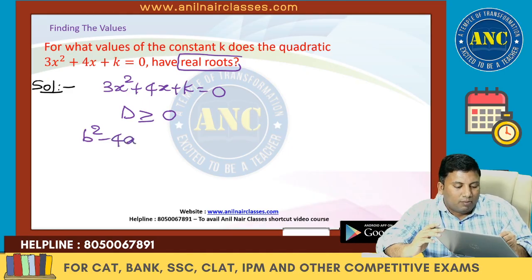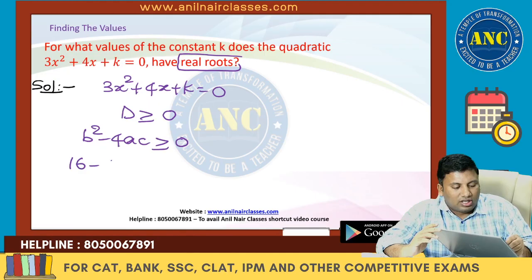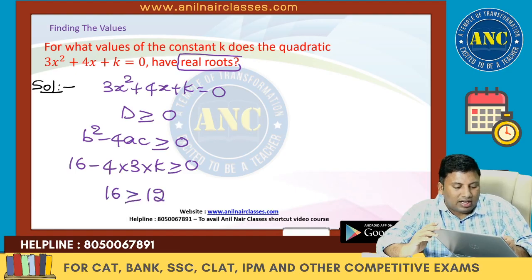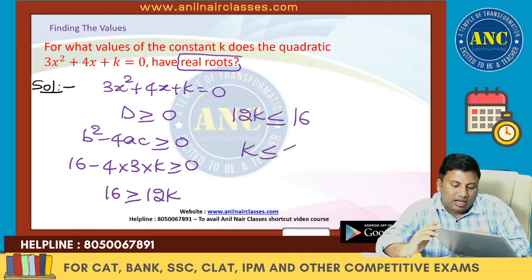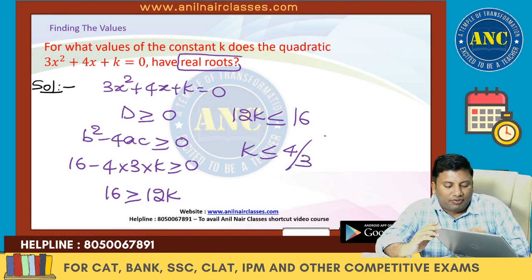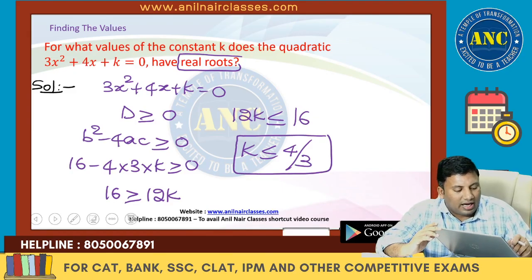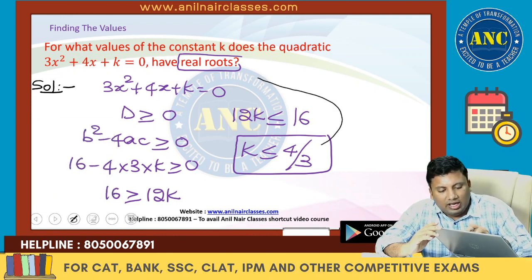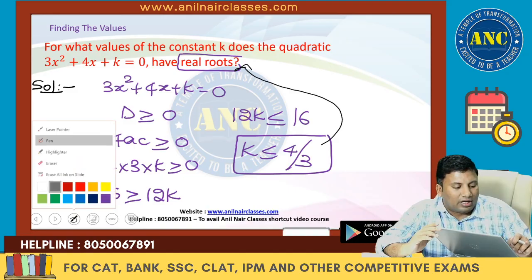That means b square minus 4ac greater than or equivalent to 0. 16 minus 4 into 3 into k greater than or equivalent to 0. 16 greater than or equivalent to 12k. 12k less than or equivalent to 16. K less than or equivalent to 4 by 3. So this equation has real roots for k less than or equivalent to 4 by 3.